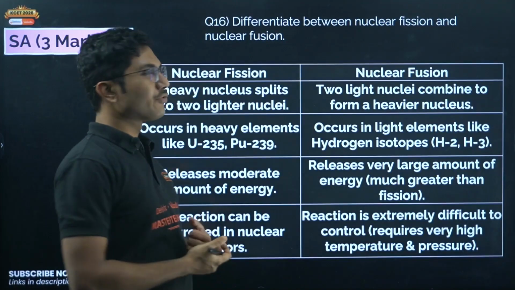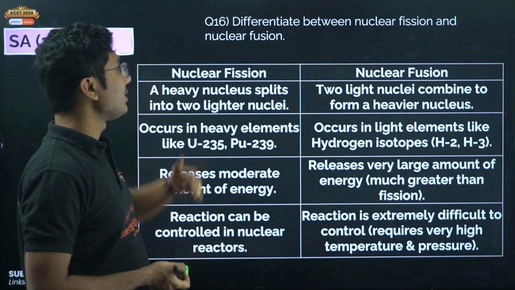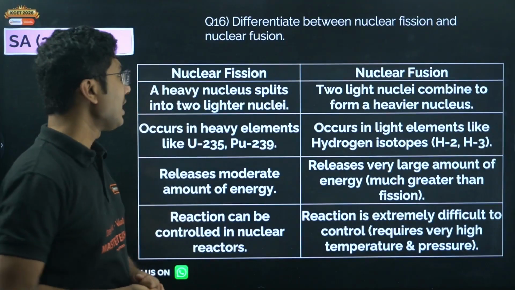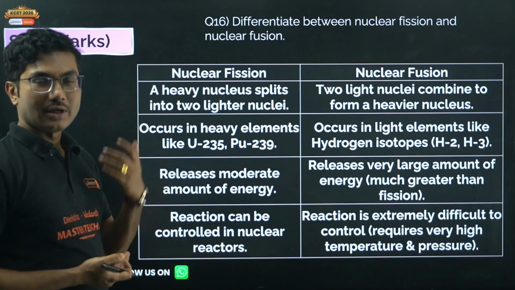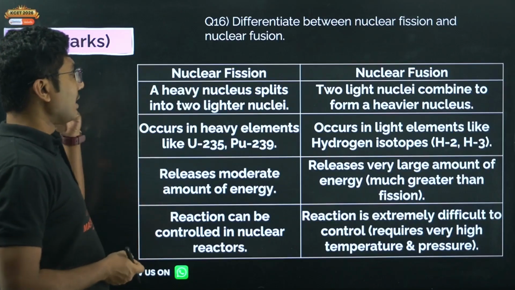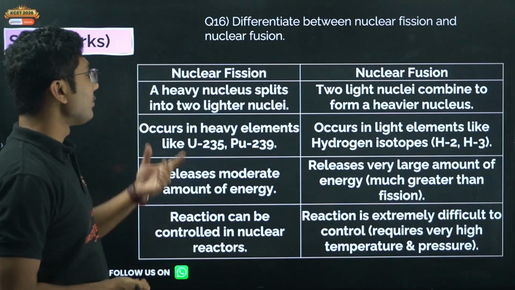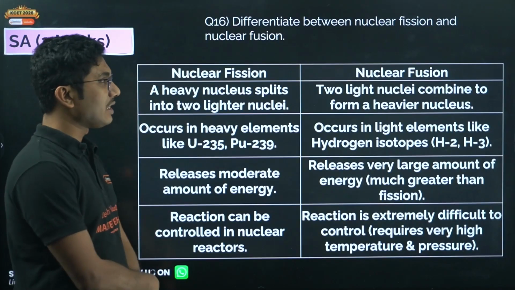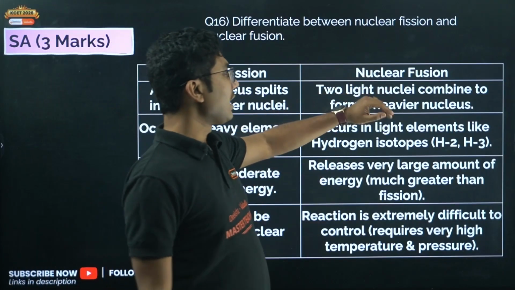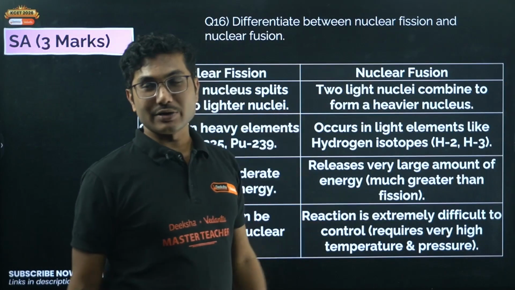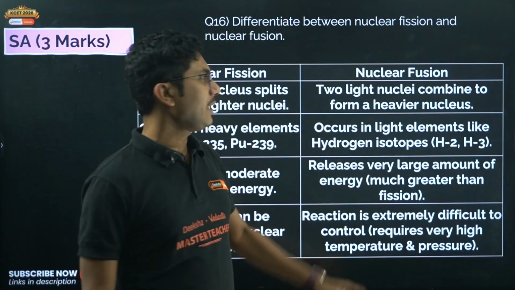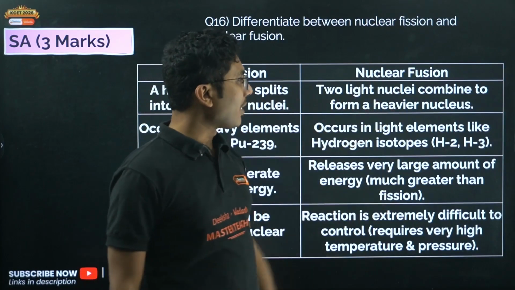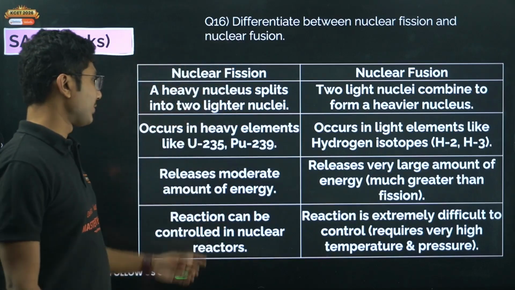Now let us move on to 3 marker questions. First question, differentiate between nuclear fission and nuclear fusion. Again, this is a new question, came in your model paper. Nuclear fission is when a heavy nucleus splits into two lighter nuclei. Nuclear fusion is when two light nuclei, so in fusion you need to have minimum 2 atoms, combine to form a heavier nucleus.